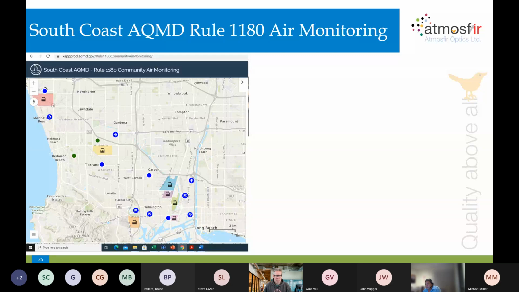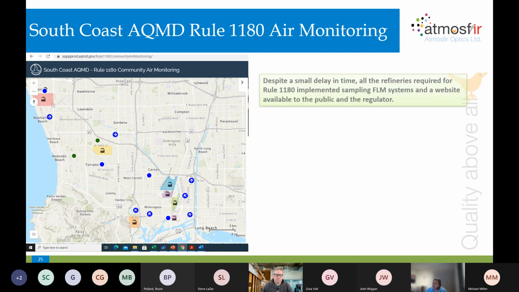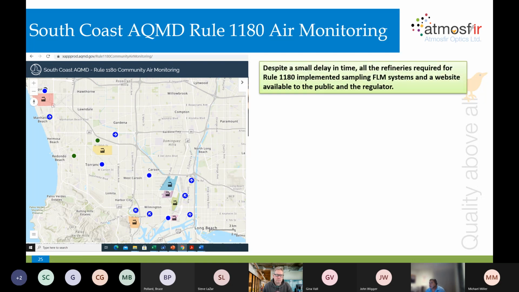So let's talk about the implementation of the rule. What we see on the left is a screenshot of the South Coast website for the implementation of this rule. The first thing: despite delays in time, all refineries required by Rule 1180 implemented a fence line monitoring system and a website available to the public and the regulator.